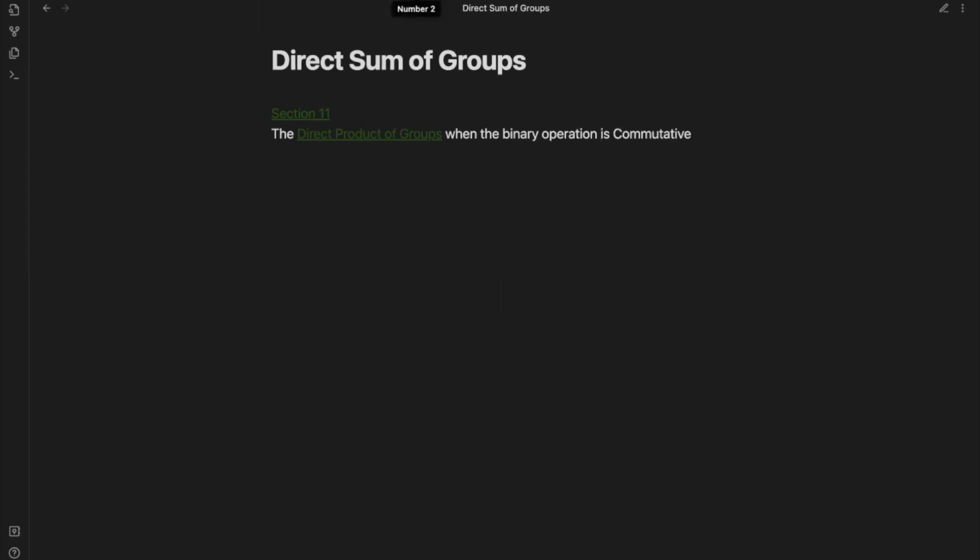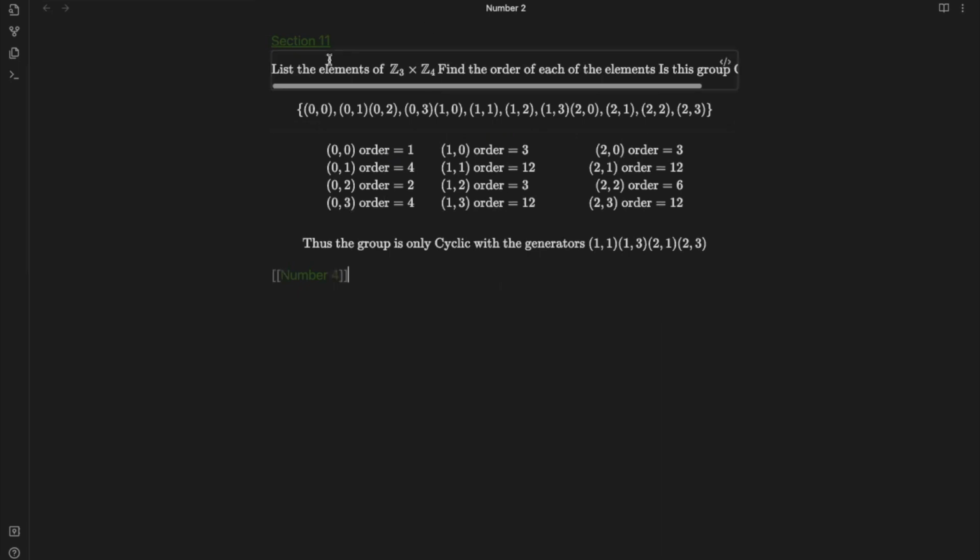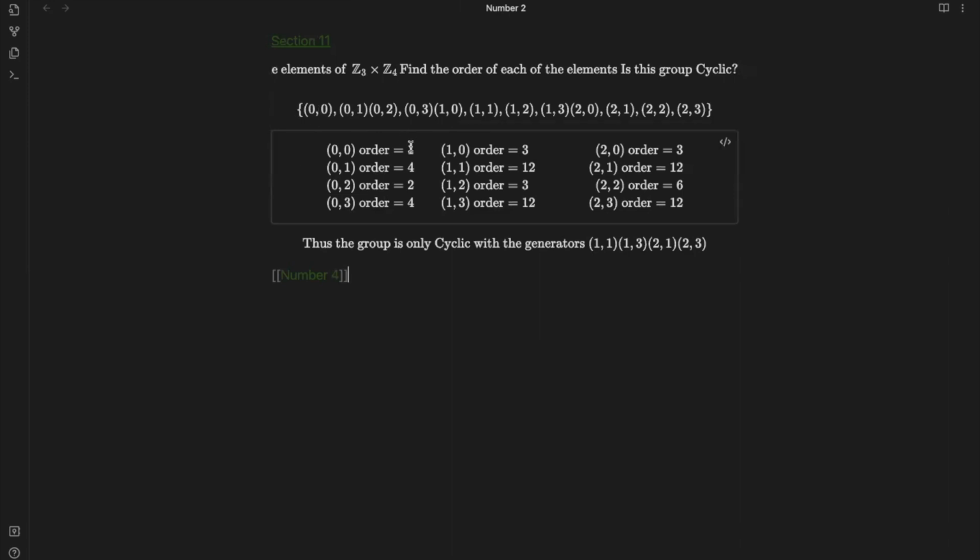For the first problem we needed to find the elements of Z3 times Z4, and then find the order of each of these elements and answer the question, is this group cyclic? The elements we found are listed below here, as well as all of their orders.